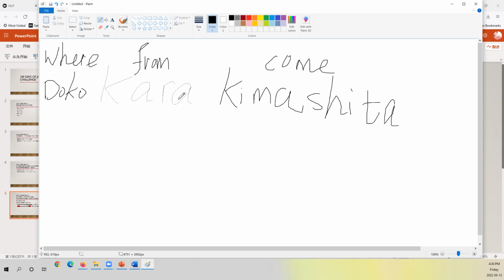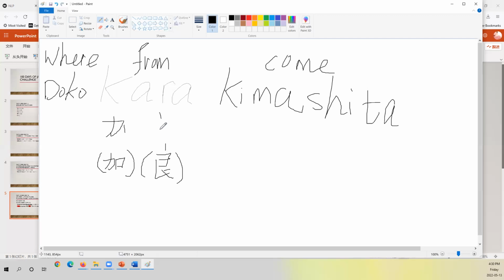Okay, so kara: ka is the hiragana that represents this pronunciation, and it's derived from the kanji this. Ra, the kanji that it's derived from is this, and then it's derived into this.